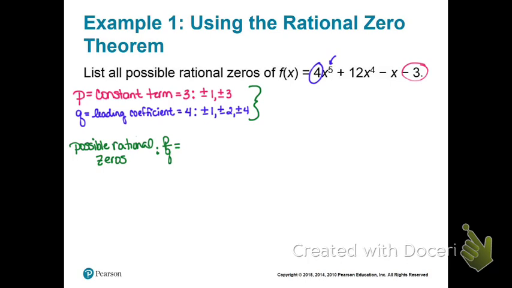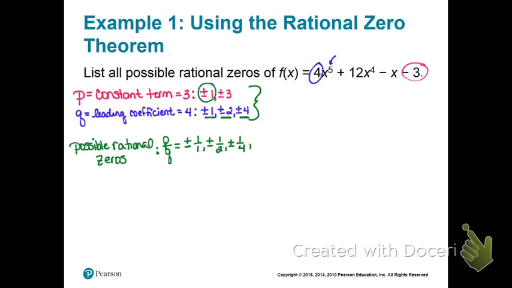So I'm going to write it out to begin with. All right, so first thing is each one of them is going to have plus or minus. I'm not going to do any reducing, I'm just going to write it out. So I'm going to start with my first P, which is a 1, and I'm going to put it over every Q. So I got 1 over, what's my first Q? Then plus or minus 1 over, what's my second Q? And then plus or minus 1 over, what's my third Q? Now, if I had more Q's, I would keep going, okay?